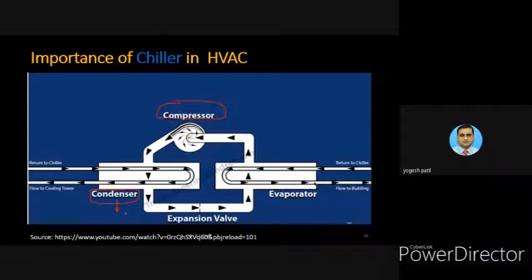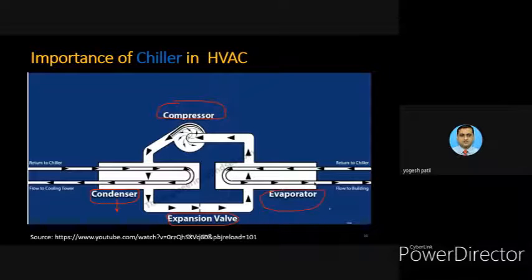If the condenser functions with internal fans, then it is an air cooled chiller or air cooled condenser. The third important part of this chiller is the expansion valve, which plays a very important role. The fourth component of the chiller is the evaporator. So these are the four components of the chiller system.